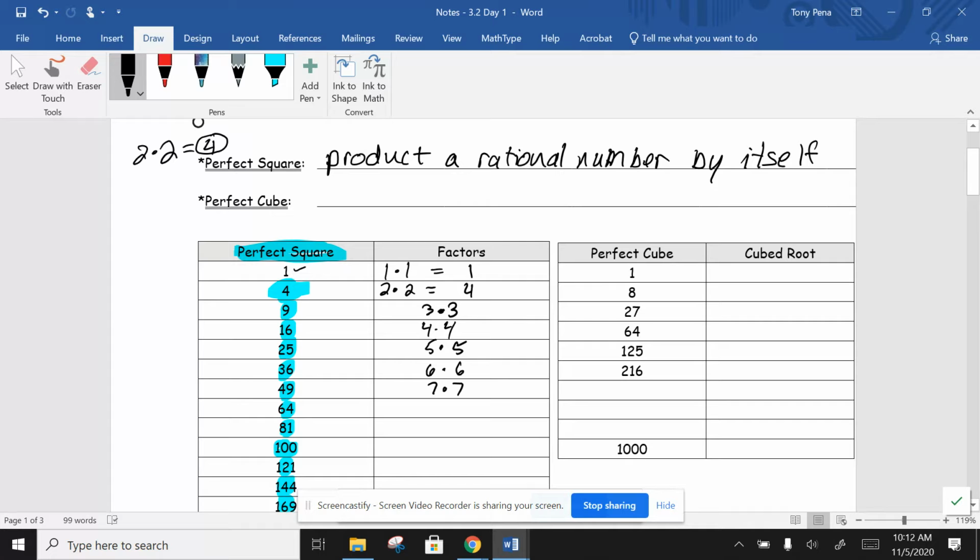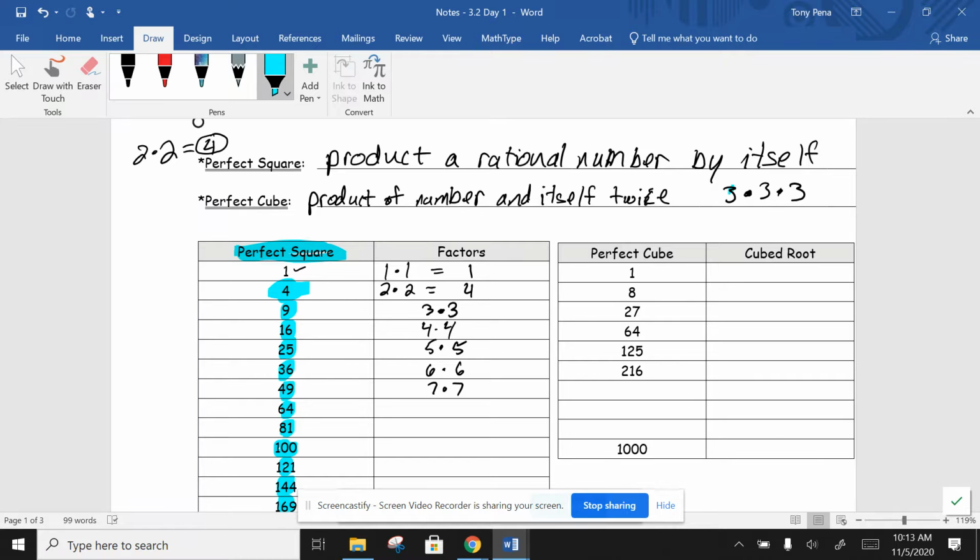Now, a perfect cube is also a product of a number and itself twice. So what that really means is 3 times, right? Like if I took a number, so let's say 3, and I multiply it by itself 2 more times, so 3 times a 3, the idea of a square means 2, the idea of cubing something means 3, so now I just have the same number multiplied by itself 3 times.